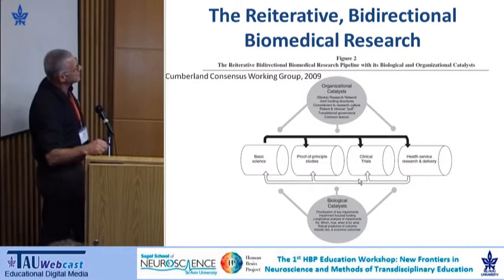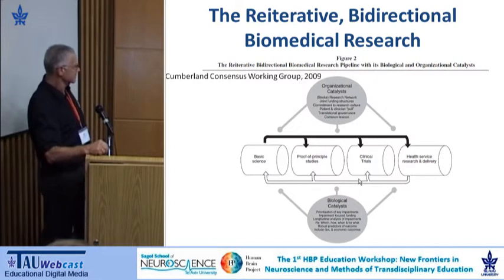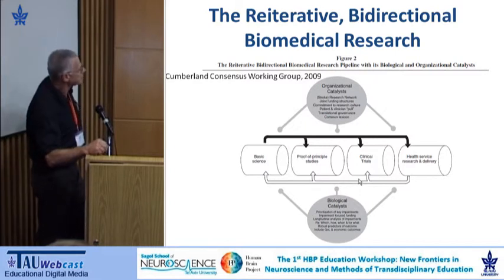And all are heavily governed by the organizational catalysts, like stroke network, joint funding, commitment and research cultures, as well as the biological catalysts that are pushing the research in the different directions.